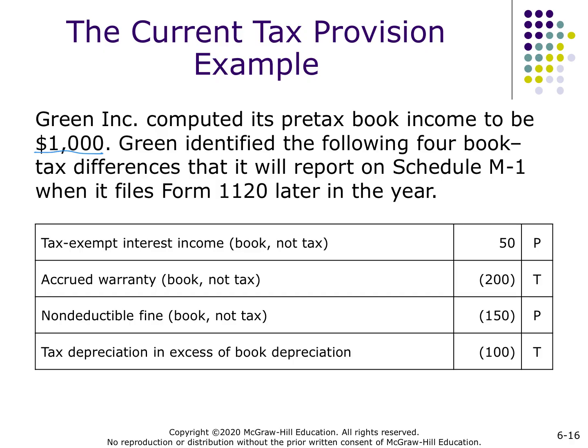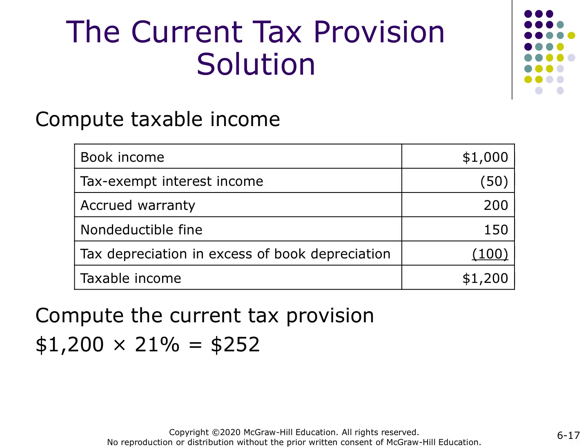Okay, now the next slide has the solution, so you can look through this on your own, but I also wanted to discuss it because this is how we're going to be computing the current portion of the tax provision, all right? So we start out with our book income, and then remember tax exempt income comes out of book income as we get to taxable. So this is favorable.